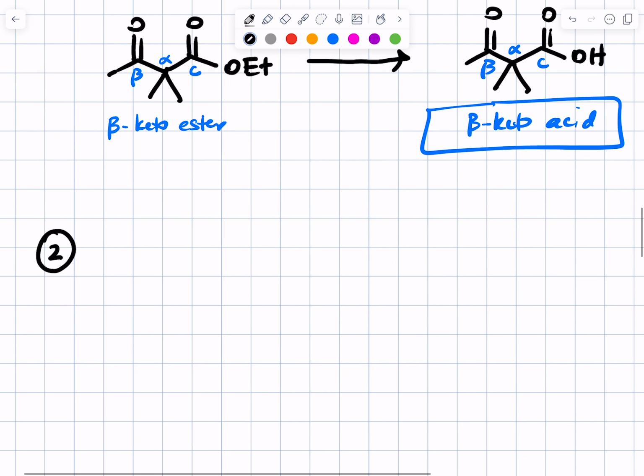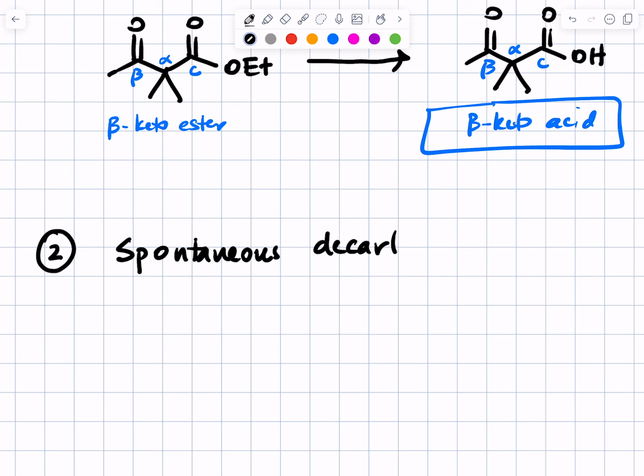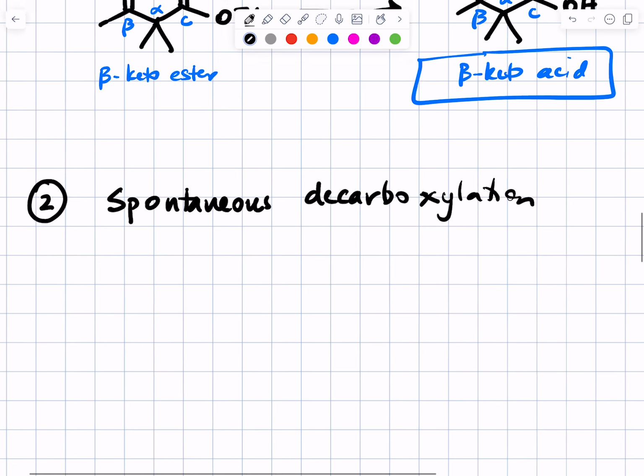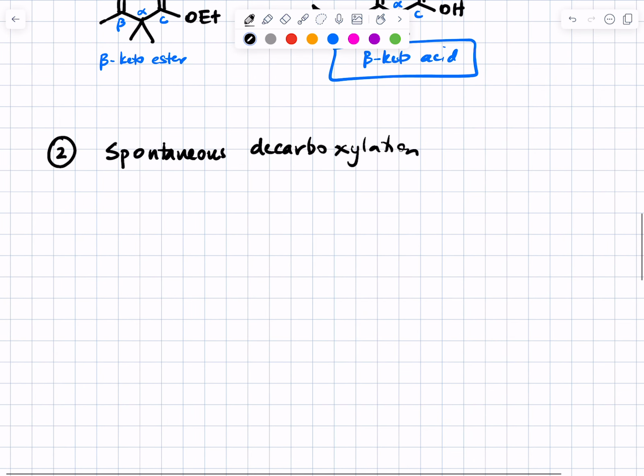We're going to see it again and again, and this is a convenient place to introduce the concept to you. So the second step is called spontaneous decarboxylation. There are going to be a lot of arrows going on in this process, and I'll try to walk you through them.